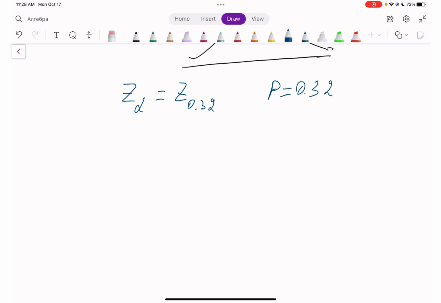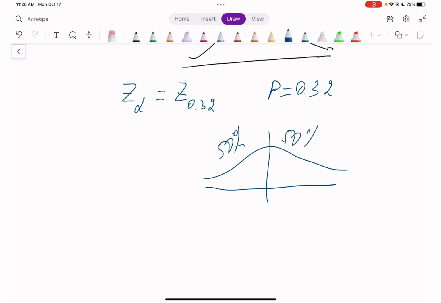Where is our probability 0.32? We said this is 50%, from 0 to 50, and here from 50% to 99.7%, right? Okay, so 0.32, it's going to be somewhere here. This is probability, the area, right? Accordingly, the z-score is going to be negative, correct?